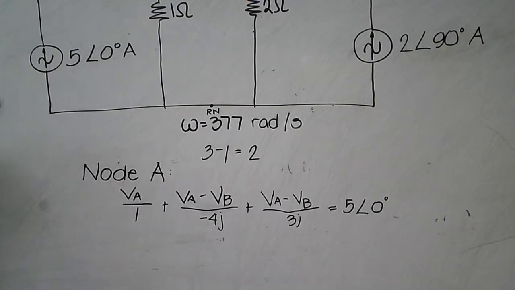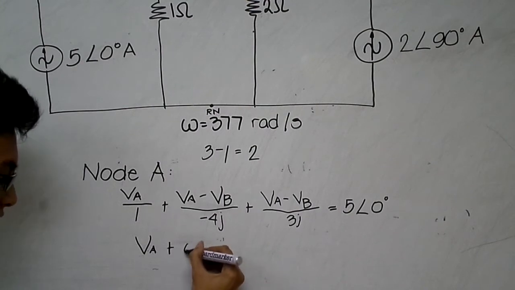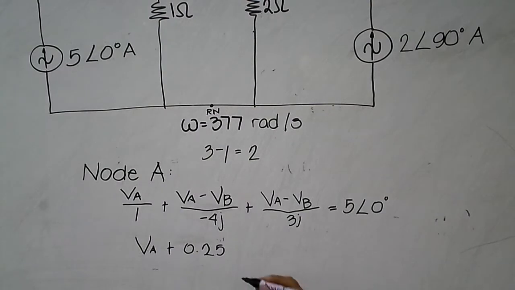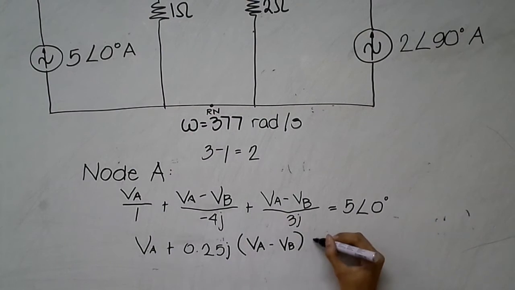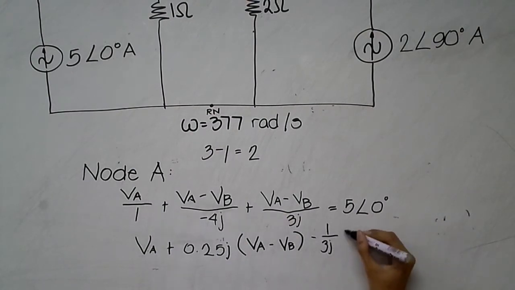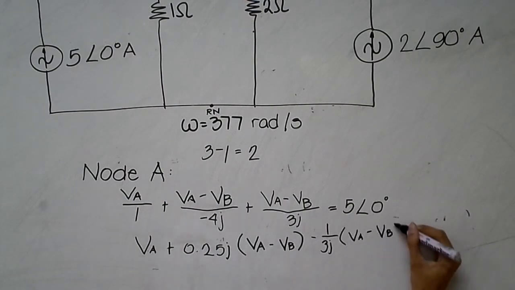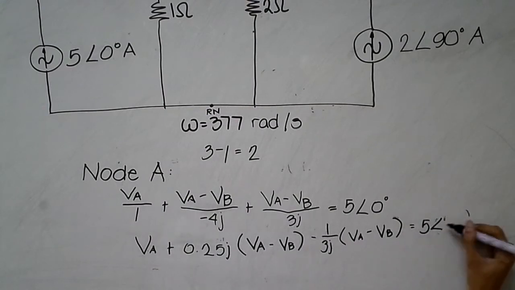Simplifying the equation, we'll get VA plus 0.25j VA minus VB minus 1 all over 3j VA minus VB is equal to 5 angle 0 degrees.